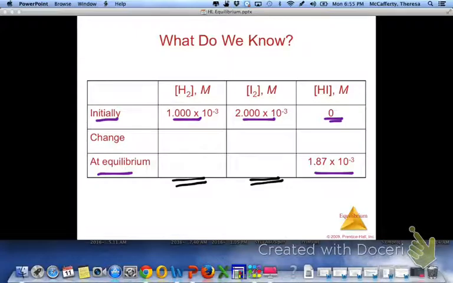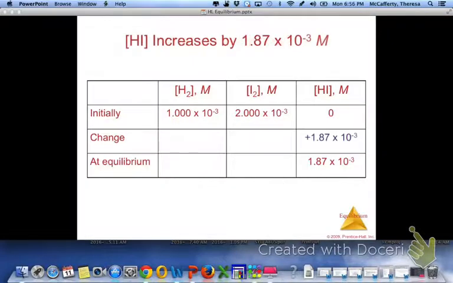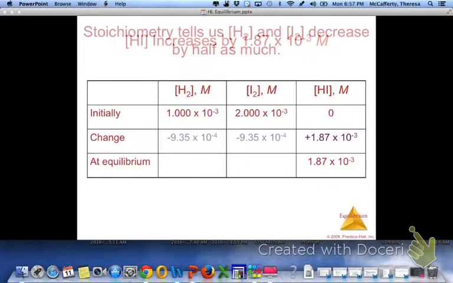Well, if you think about it, where did this hydroiodic come from? It came from some of the hydrogen and some of the iodine reacting. So the change was an increase in the hydroiodic. Where did it come from? It had to come from the hydrogen and the iodine.